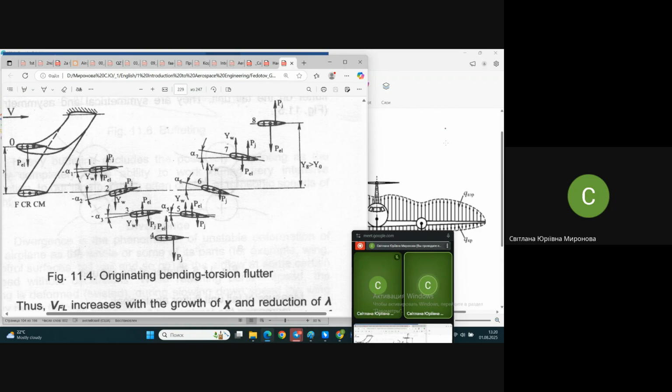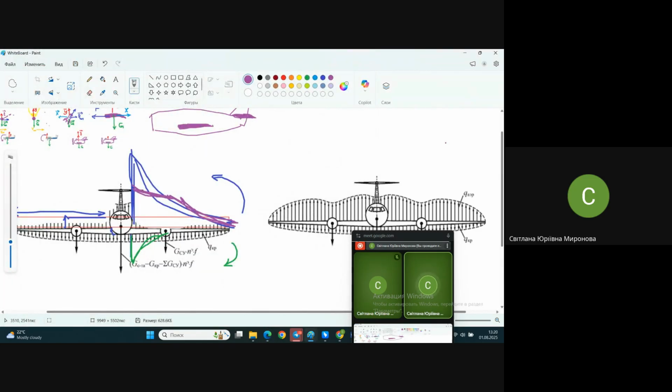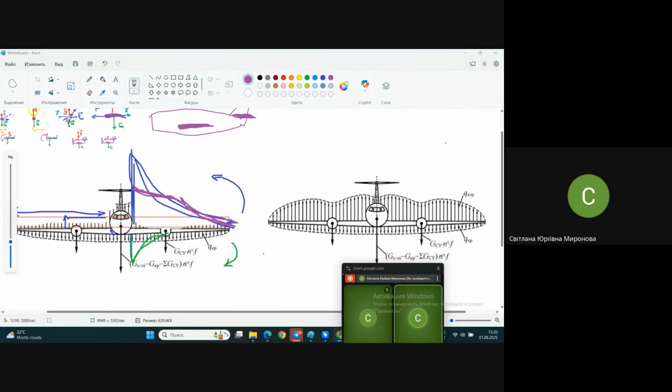And why I explained this story with these load diagrams and with the engine unloading the wing in flight: human thought went the same way actually.